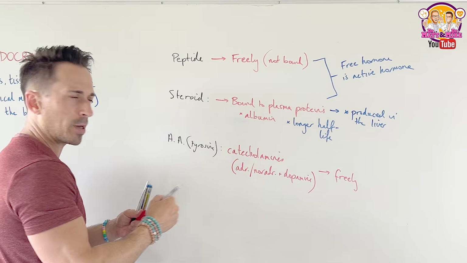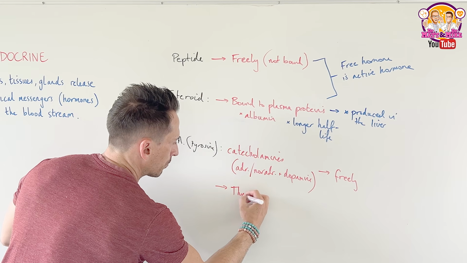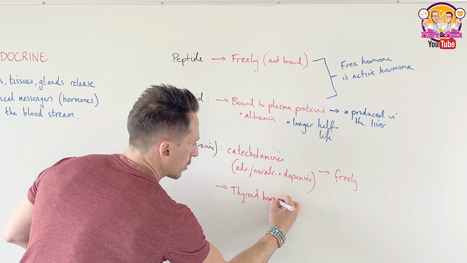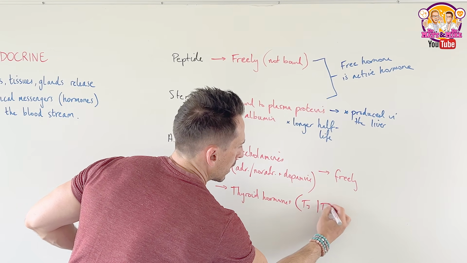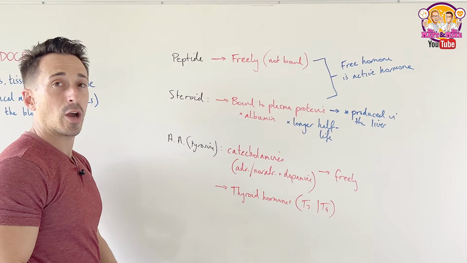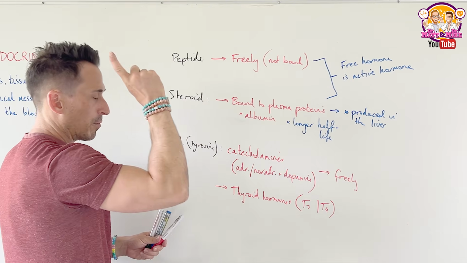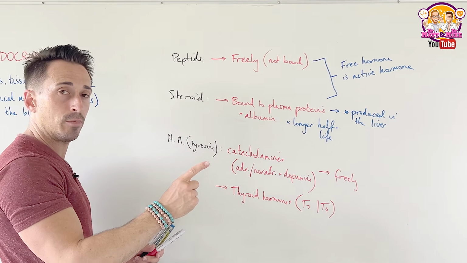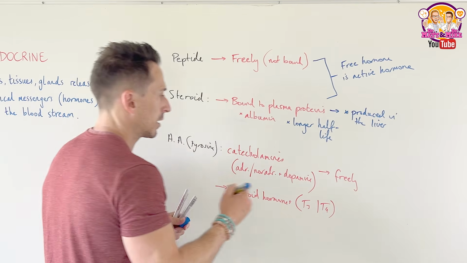What was it? Do you remember? It was thyroid hormone. T3, T4. So again, I should say thyroid hormones. Now, interestingly, T3, T4 tells you about how many iodine molecules are attached to it, right? It's important because once iodine is bound to this tyrosine-based hormone, it no longer is water soluble. So it needs a carrier protein.